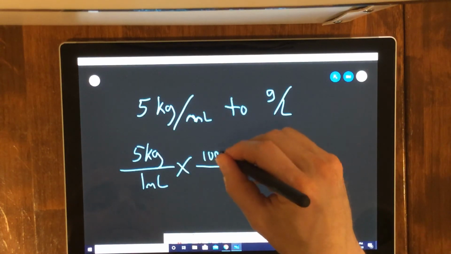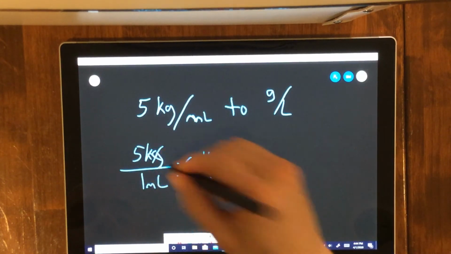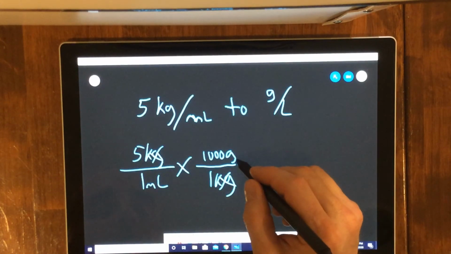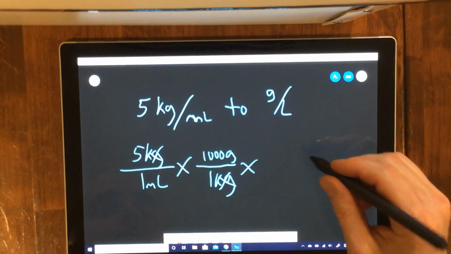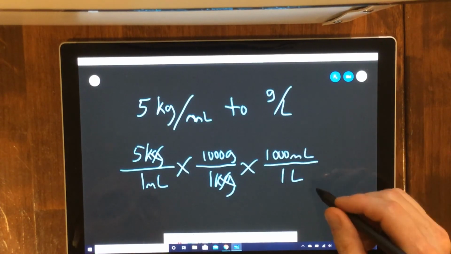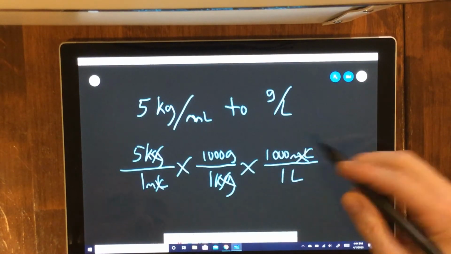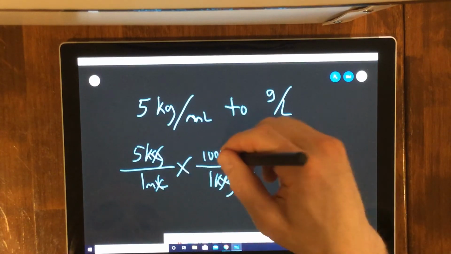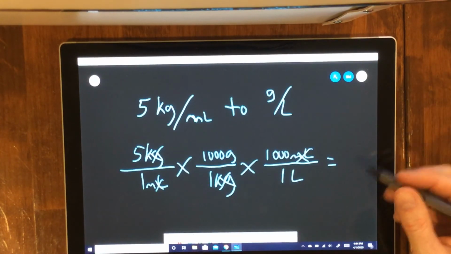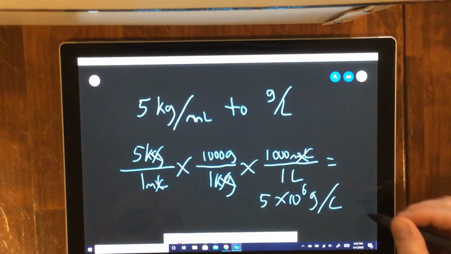So 1,000 grams per 1 kilogram. Kilograms cancel, now grams is on top. That's good. Times 1,000 milliliters over 1 liter. Milliliters cancel, now I'm going to get grams per liter. So that equals 5 times 1,000 times 1,000, which is 5 times 10 to the 6 grams per liter.